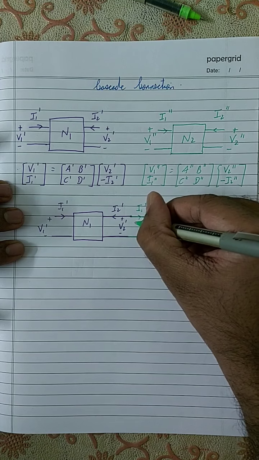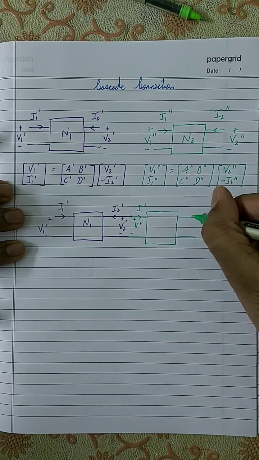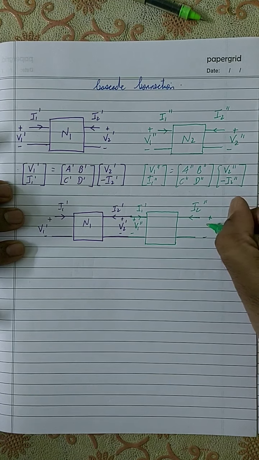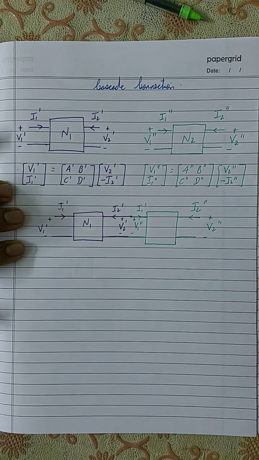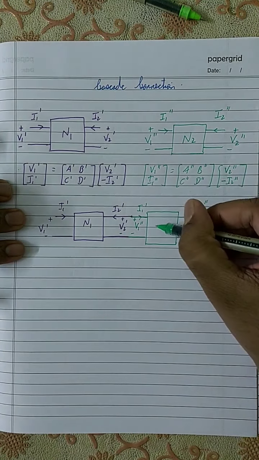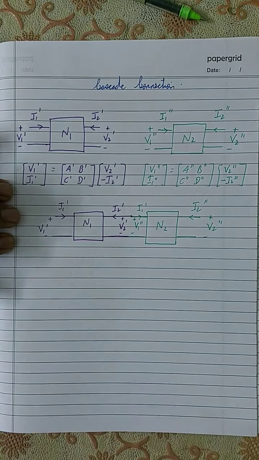The input voltage of this is V1 double dash, and this is I2 double dash, and here plus or minus, this is V2 double dash. So this is the overall story. This is what happens when two networks are connected in cascade.